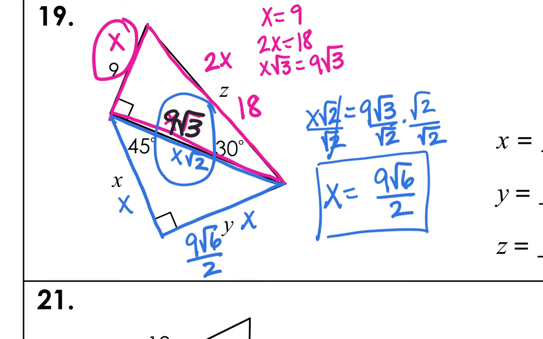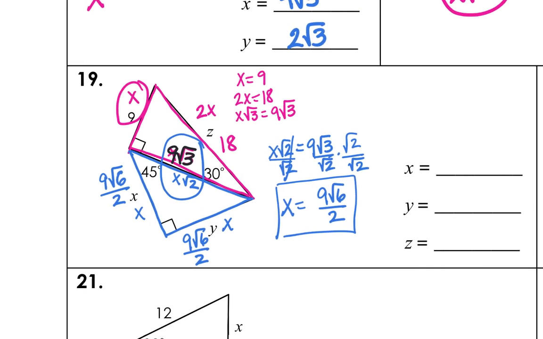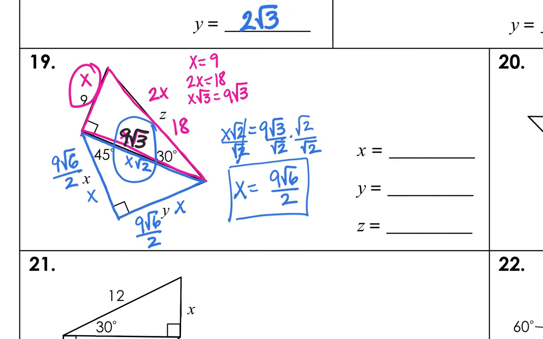It's usually not normal to have a decimal in front of a square root. So now if we go over here, this is 9 square root 6 over 2. My y is also 9 square root of 6 over 2. And my z is 18.